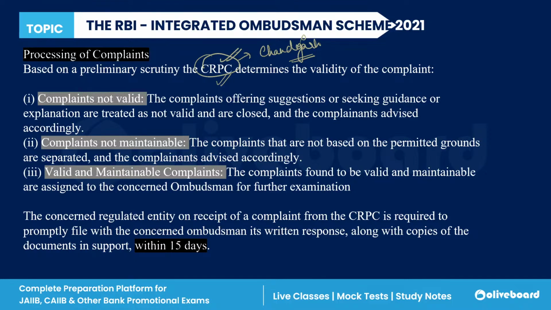Now, based on the preliminary scrutiny, the CRPC has the right to reject or accept the complaint at the very first instance. After receiving the complaint, they analyze it, and if the complaint is valid, they forward it to the ombudsman. Now, what are the complaints which are not valid?